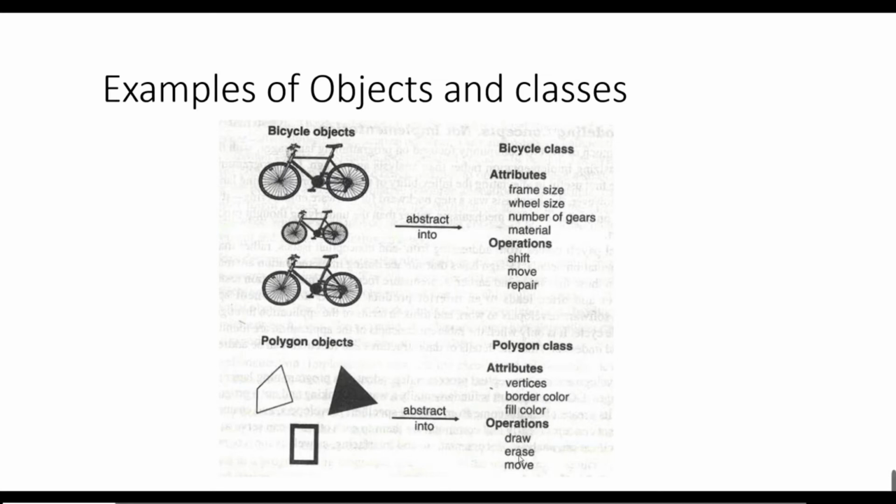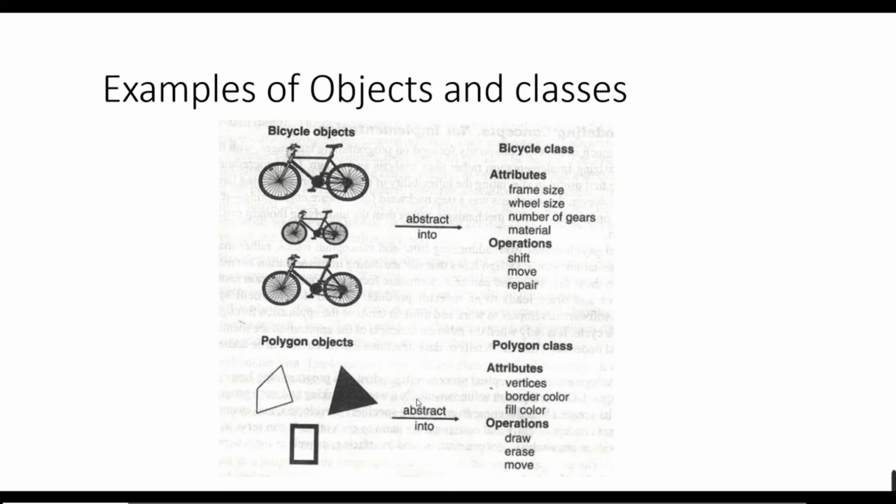And we also need to erase the polygon, or move the polygon from one position to another one. It means this kind of software needs to implement these 3 different functions. These operations are very important to this software.